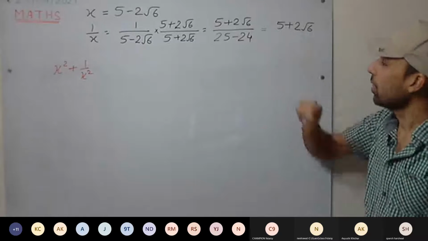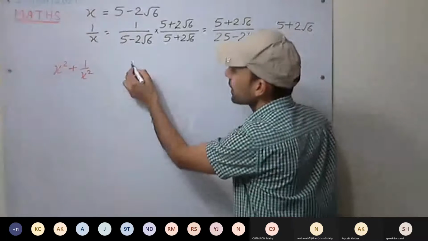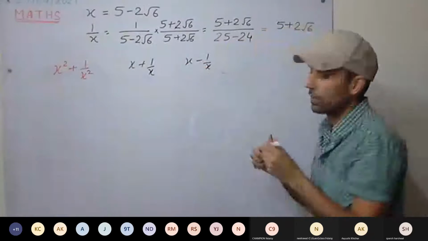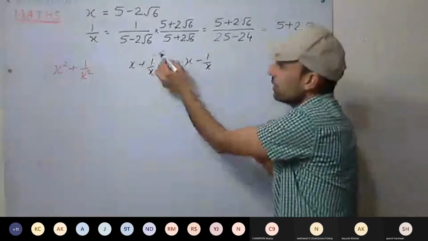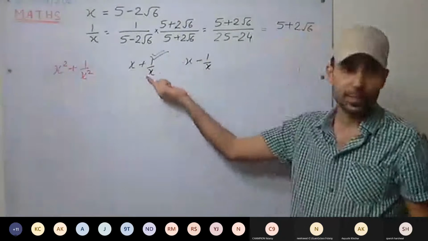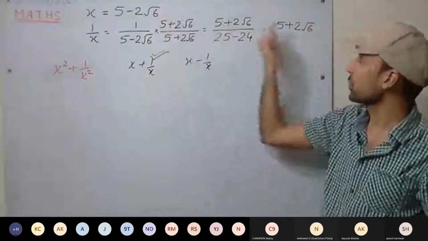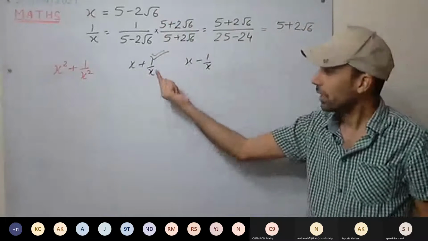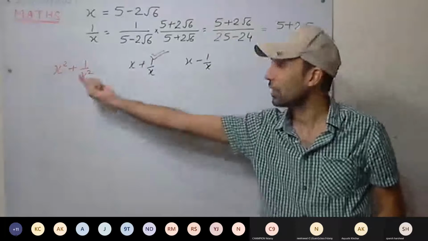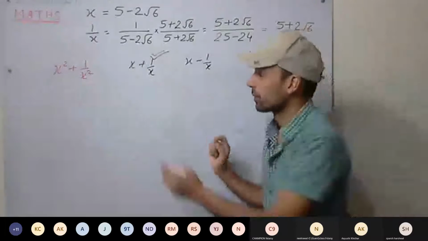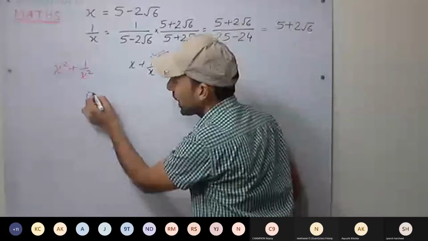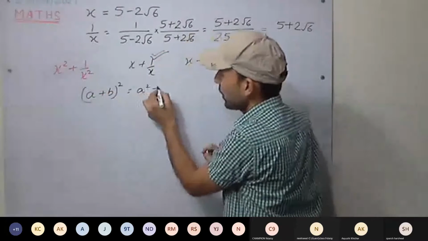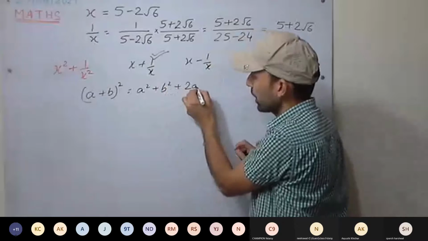Now, either we can calculate x plus 1 upon x or x minus 1 upon x, which should be easy. This one will be easy because 2 root 6 minus 2 root 6, the 2 root 6 will cancel. How can we calculate this one? You have seen the identity a plus b, the whole square, equals a square plus b square plus 2ab.